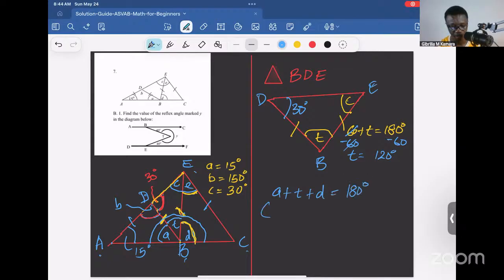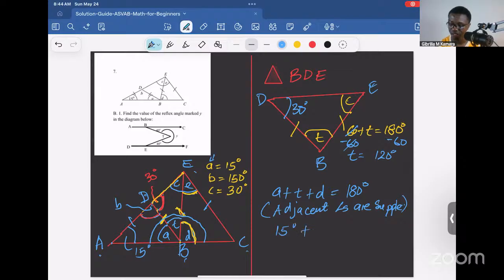You see, adjacent angles are supplementary, meaning they add up to 180 degrees. Supplementary, okay? Or you can say angles on a straight line. Easy. So in that sense, we already know what is A. A is here as 15. We've calculated that. So we have 15 degrees.